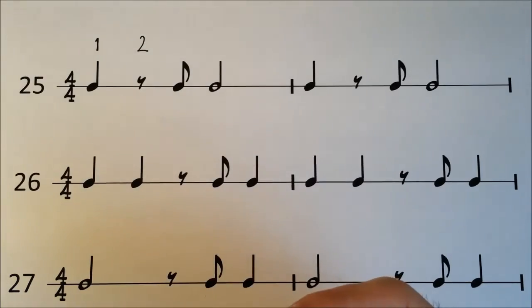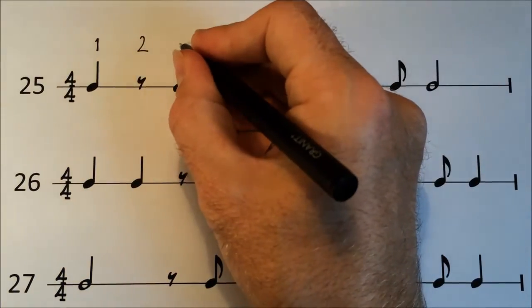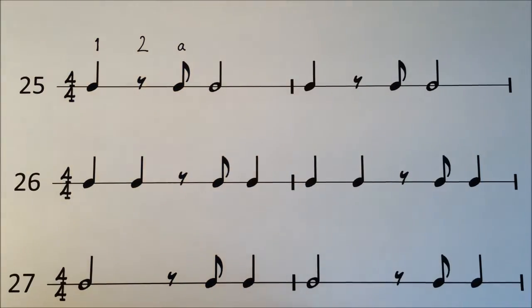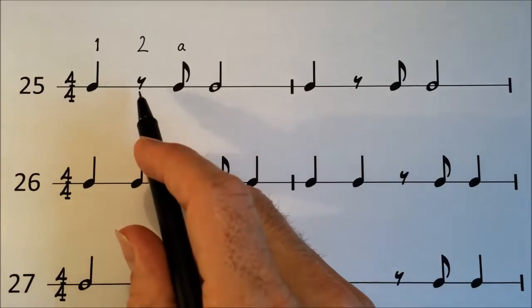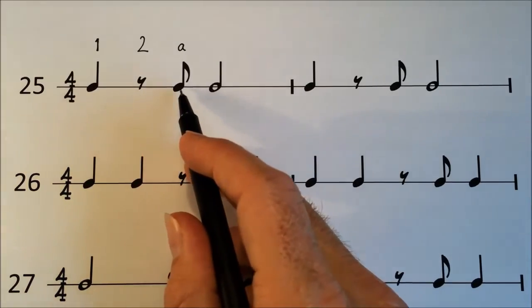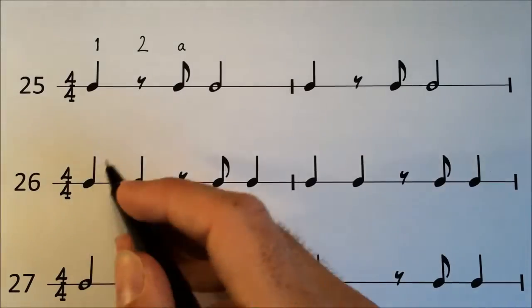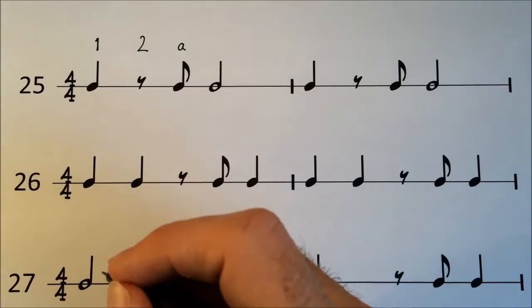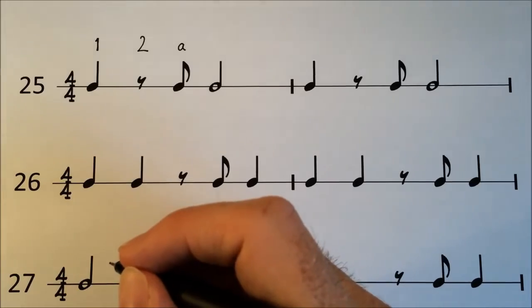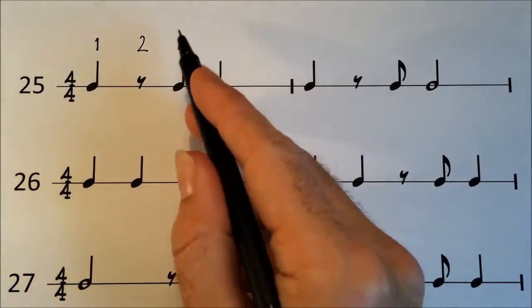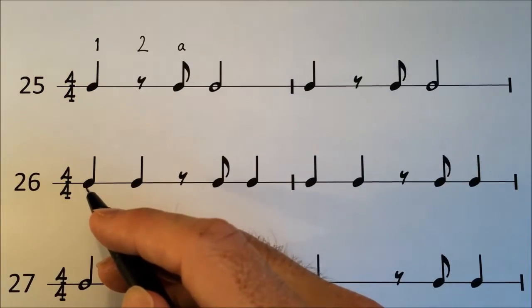So the next thing that we'll have starts on the 2 and it's this symbol right here. So we'll put an A on top of that, and we'll identify what it is, and it's an eighth note, so they have the same value. That's the rest, and this is the note, so they both have eighth value, which means that they cover half a beat each. So together they would cover one whole beat, so that would make up the whole of the second beat together.